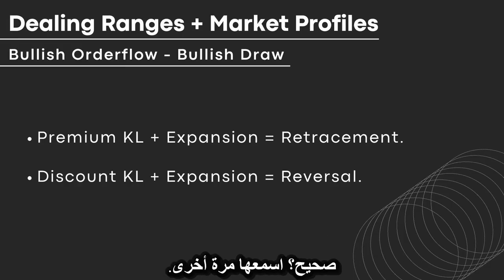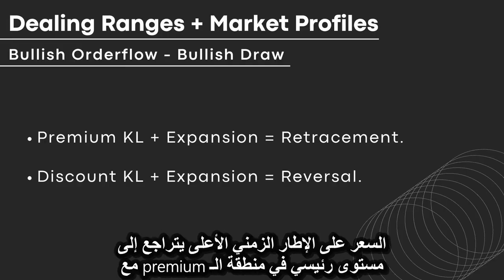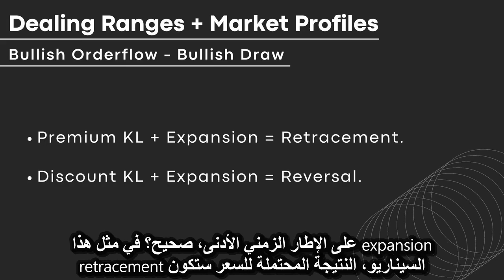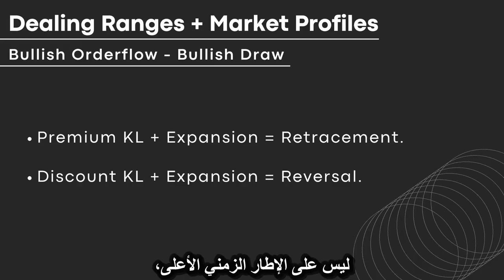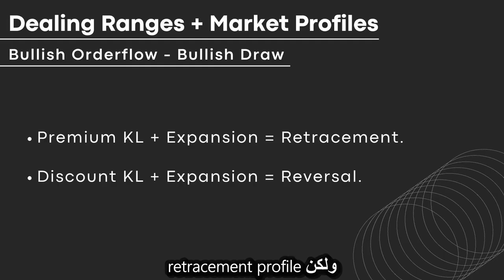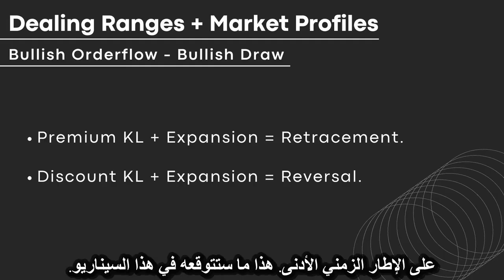Hear it again. Price on the higher time frame retraces back to a premium key level with a lower time frame expansion, right? In such a scenario, the possible outcome for price would be a retracement profile on the lower time frame, not on the higher time frame, but a retracement profile on the lower time frame. That's what you will expect in this scenario.